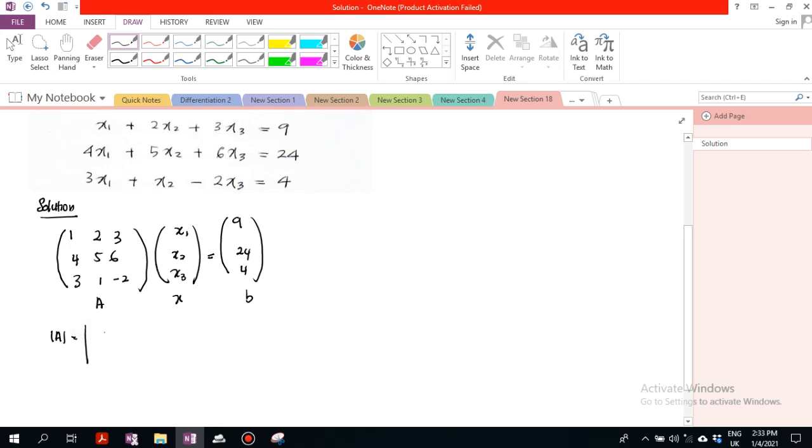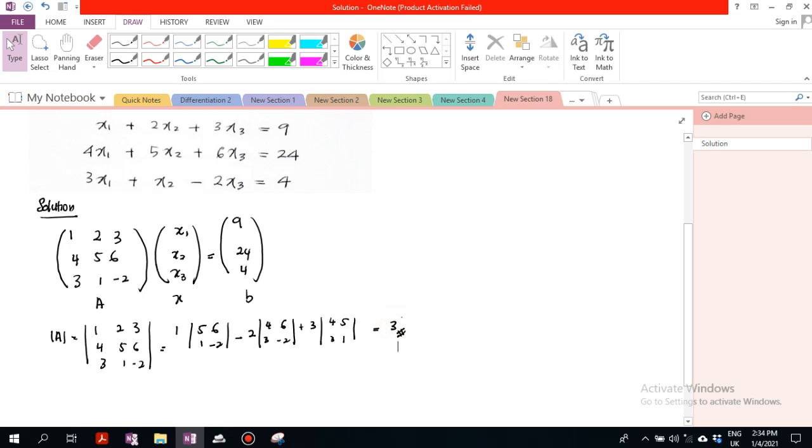So the determinant of 1, 2, 3, 4, 5, 6 and 3, 1, negative 2 is equal to 1 times 5, 6, 1, negative 2, minus 2 times 4, 6, 3, negative 2, plus 3 times 4, 5, 3, 1. So here when you calculate, you will get your answer, determinant of 3.